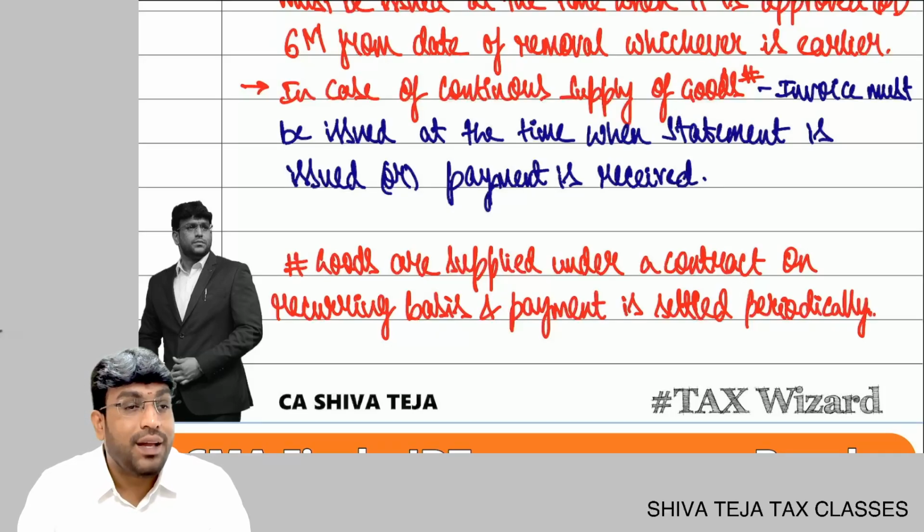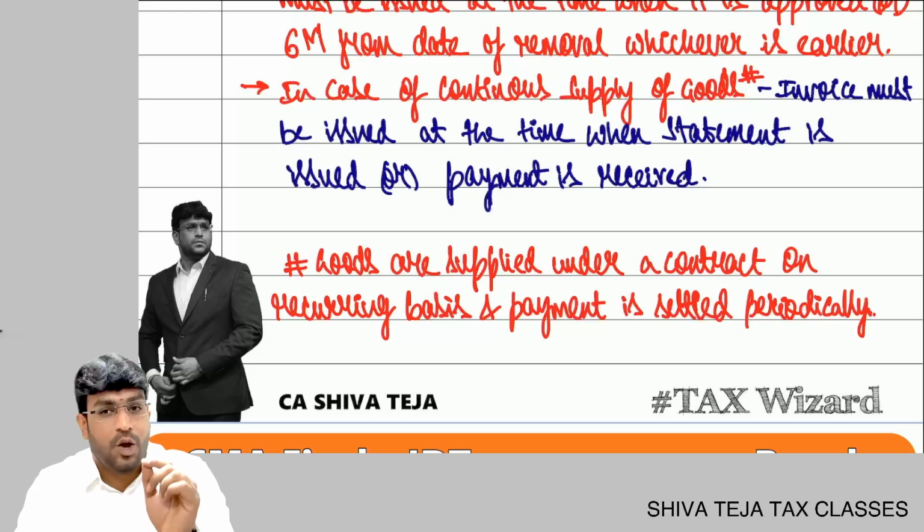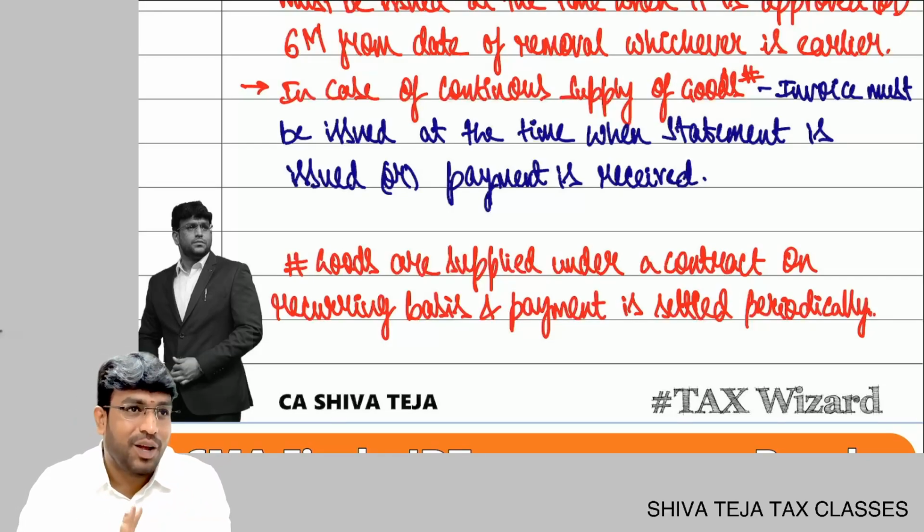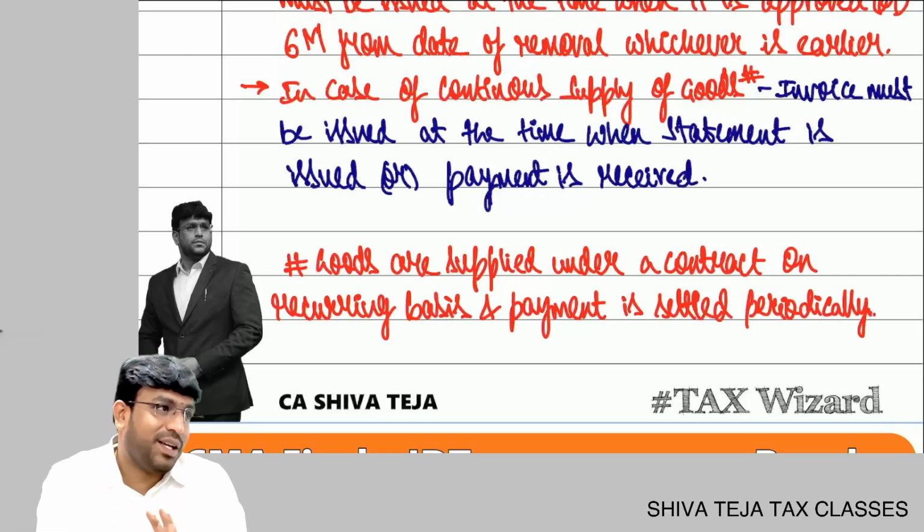So please observe that in case of continuous supply of goods, in the law they gave the language that the invoice must be issued at the time when the statement is issued or payment is received. That is where they stopped in the law. But the meaning of that point is very clear: whichever is earlier, obviously. When you give the statement or when you got the payment, whichever is earlier, obviously.